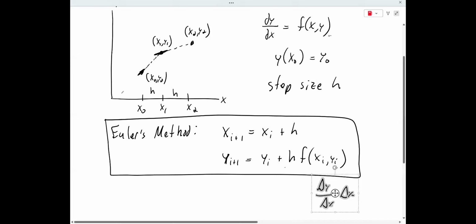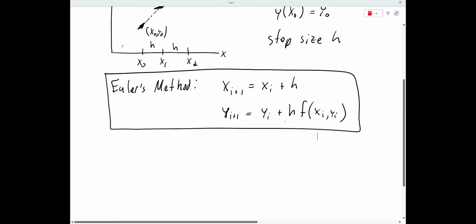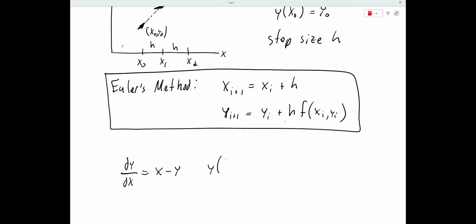So just to see how it works, let's say we have dy/dx is equal to x minus y. So we have this differential equation, and we have this initial condition, y of 2 is equal to 3. And let's say the step size, we'll use h equals 0.1.